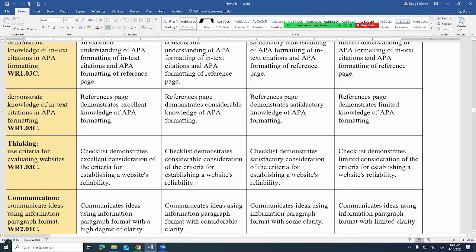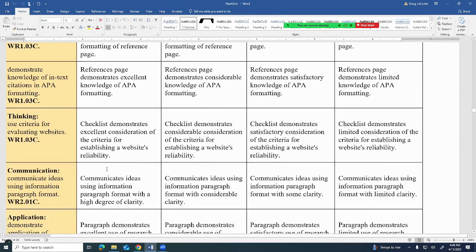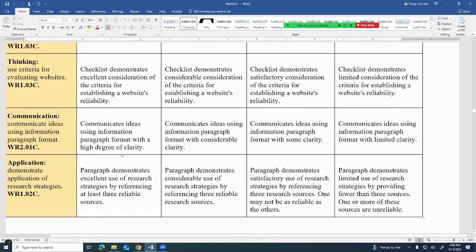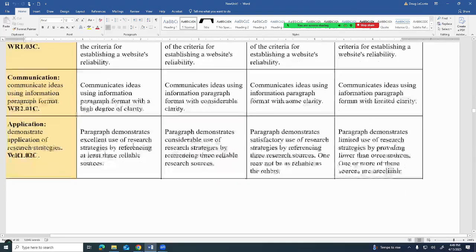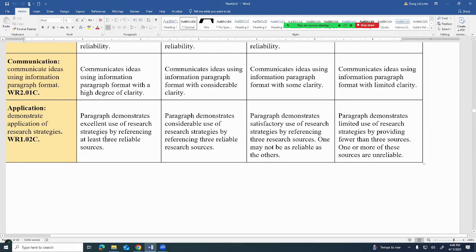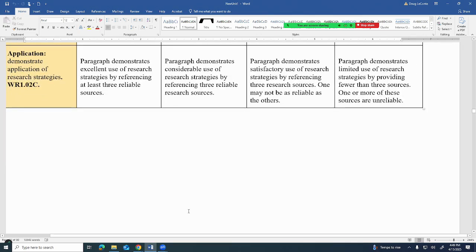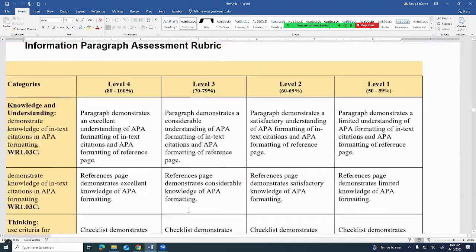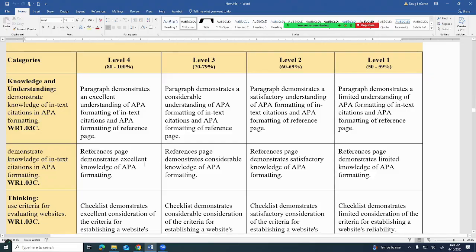The checklist demonstrates excellent consideration of the criteria for establishing a website's reliability. You communicate ideas using information paragraph format with a high degree of clarity, and your paragraph demonstrates excellent use of research strategies by referencing at least three reliable sources. That's what you need to achieve.